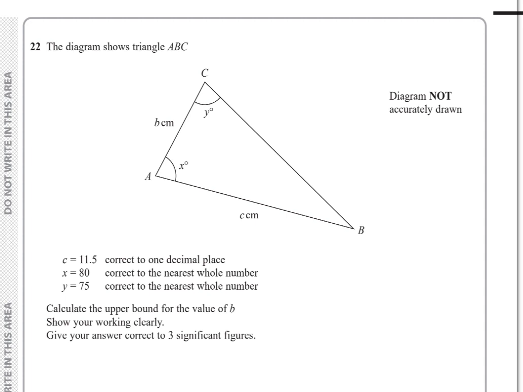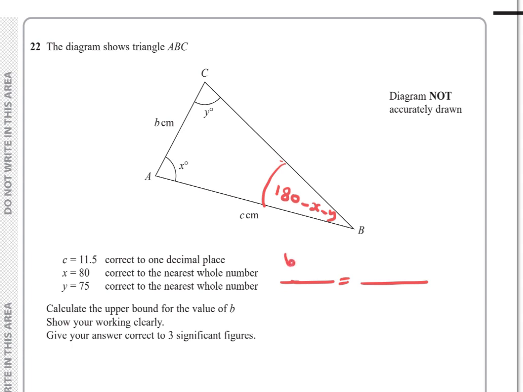Now to find b, you can use the sine rule because we have 2 angles and 1 side. But we need to find the third angle, because b is opposite to angle B. Angle B equals 180 minus x minus y. So this angle is 180 minus x minus y. Now use the sine rule.